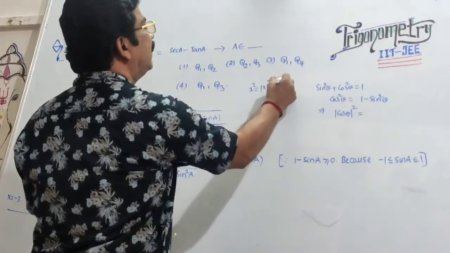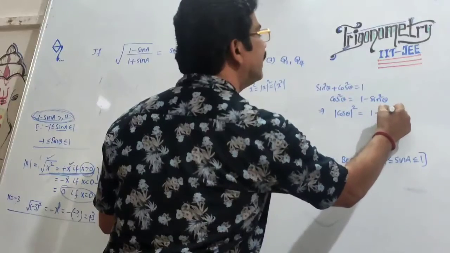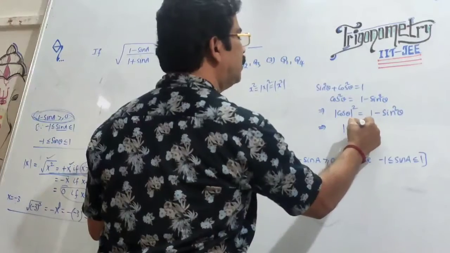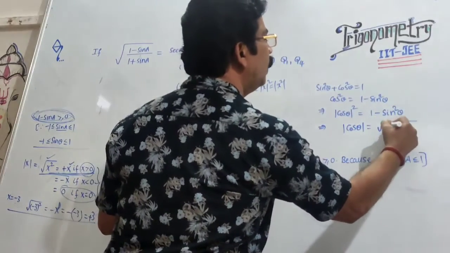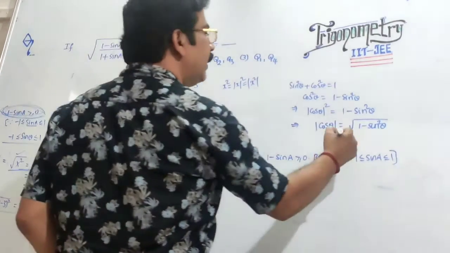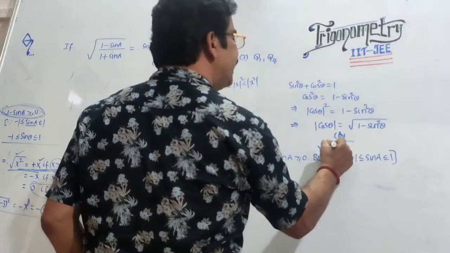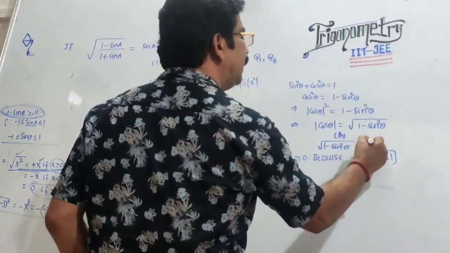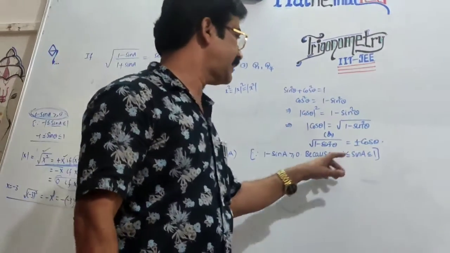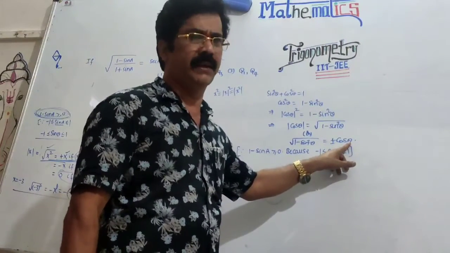So that is equal to 1 minus sin square theta. So therefore, modulus of cos theta is equal to root of 1 minus sin square theta, or we can say that root of 1 minus sin square theta equals plus or minus cos theta. Already I said the sign, plus or minus, depends on the quadrant of theta.